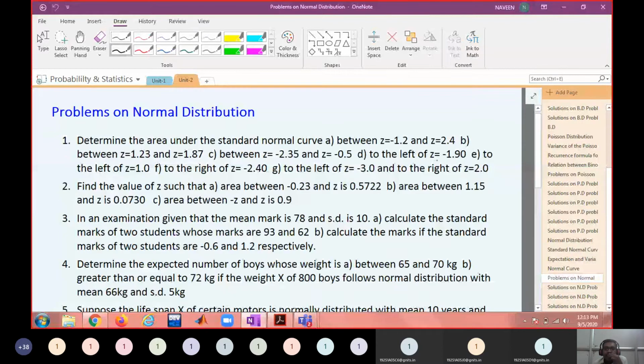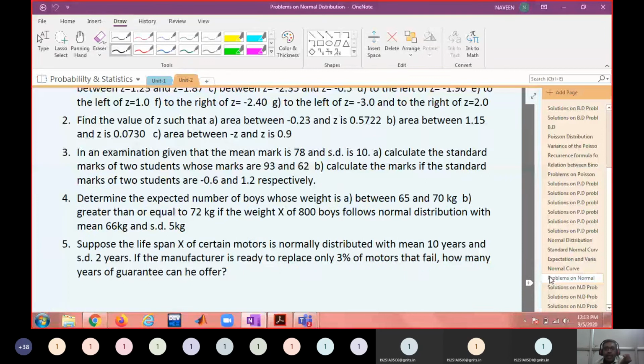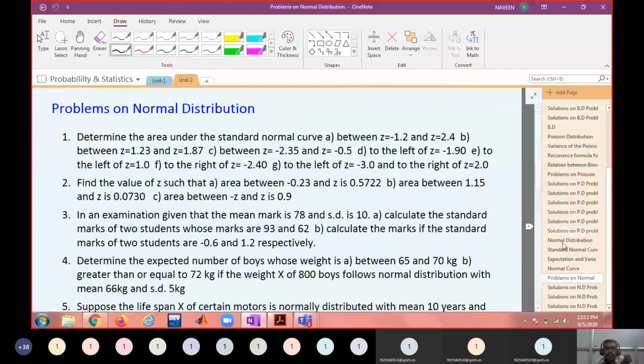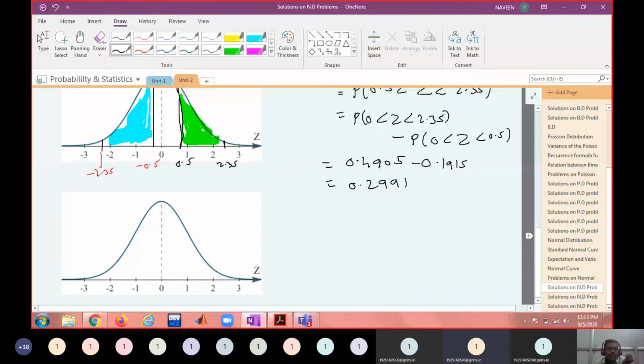To the left of minus 1.90. You have to find out the area to the left of minus 1.90. So how do you write that mathematically? Z less than minus 1.9. To the left of minus 1.90 means this area you have to find out.